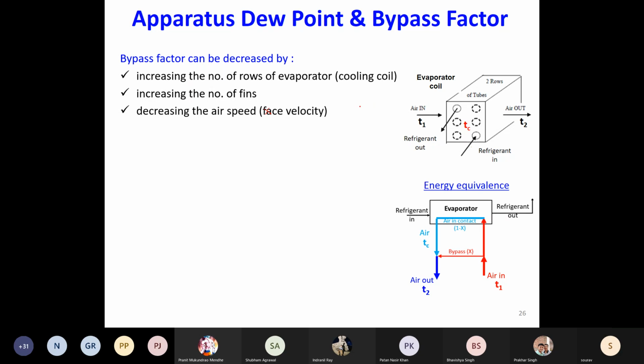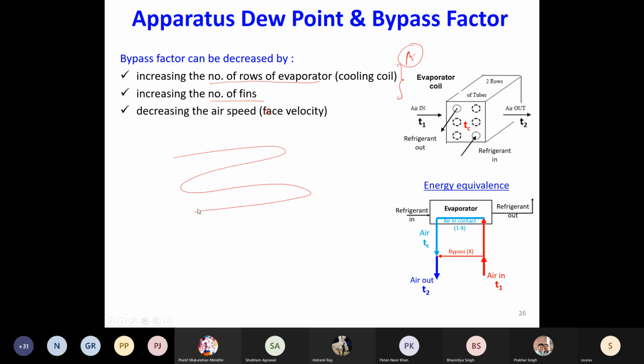If you increase the number of rows of the evaporator coil, or if you increase the number of fins, the effectiveness of the heat exchanger increases, which is quite obvious. If you increase the area, you are expected to have much more residence time for your incoming air.